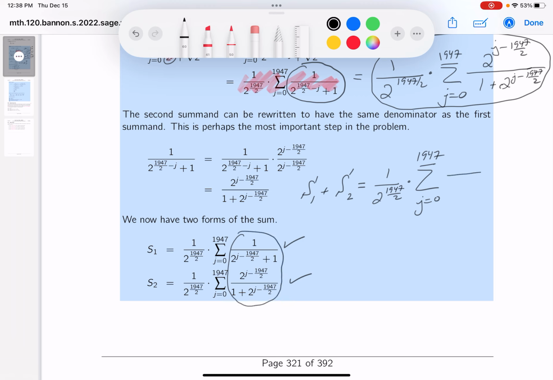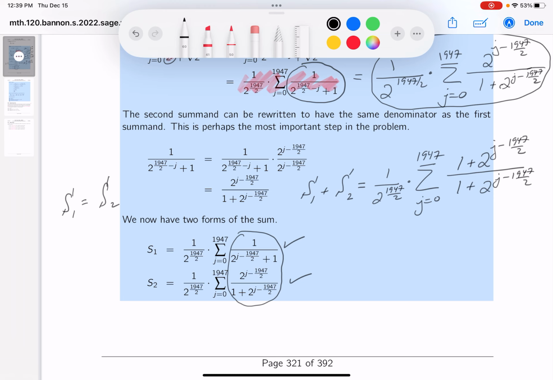And what would you end up with? 1 plus 2 to the j, minus 1947 over 2. They have a common denominator, by the way. I think it's clear as day. That common denominator is going to be 1 plus 2 to the j minus 1947 over 2. Again, I want to communicate to you that S1 is identical to S2.